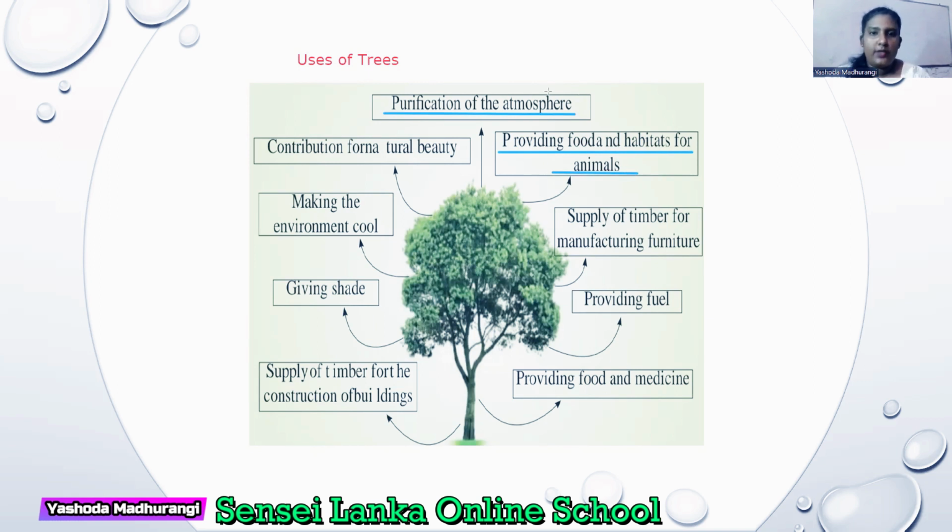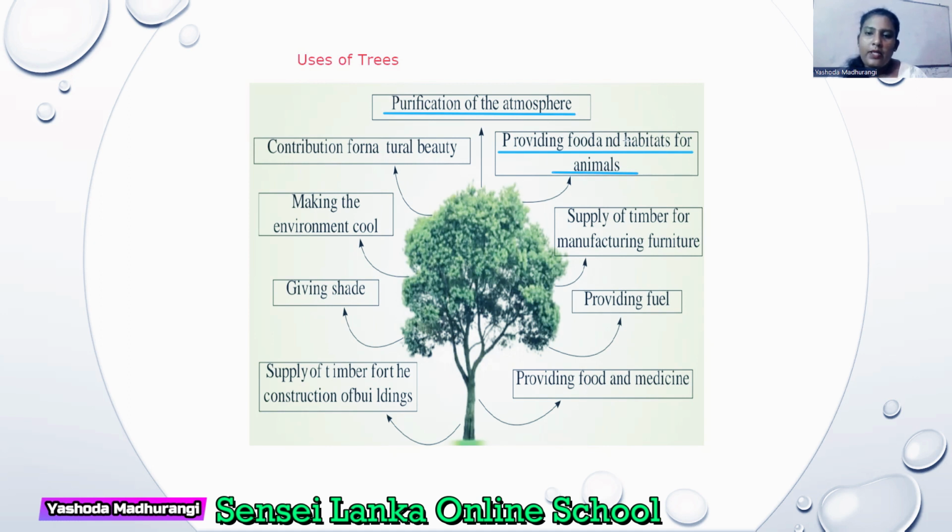And there is a new word, habitats. Habitats means houses to live. Birds can make nests on the tree. Some people are lying on the branches of the tree. So trees are providing food and habitats for animals.